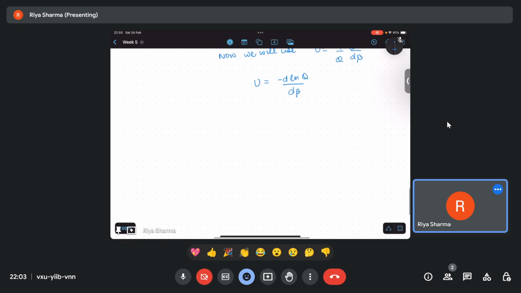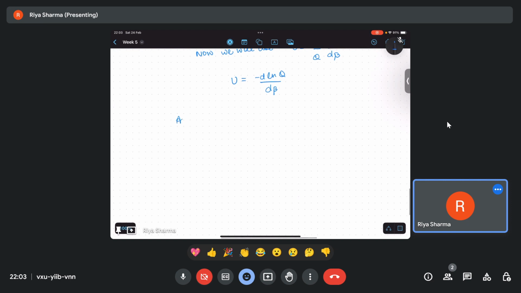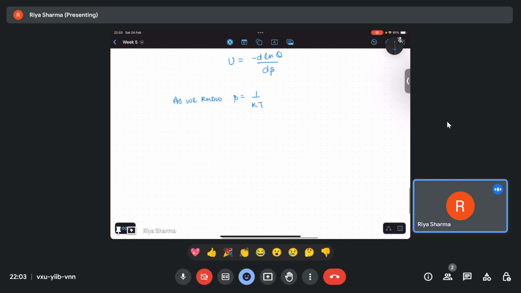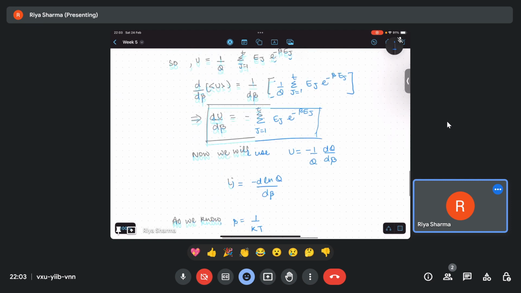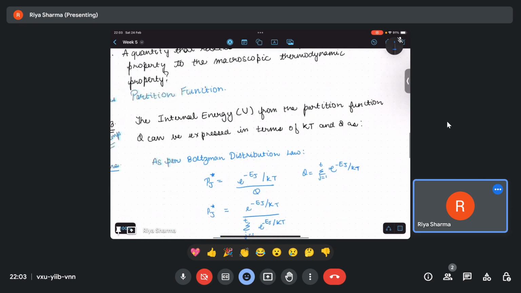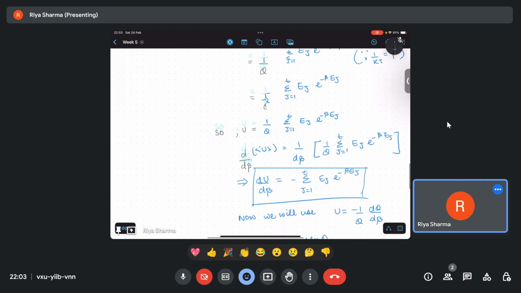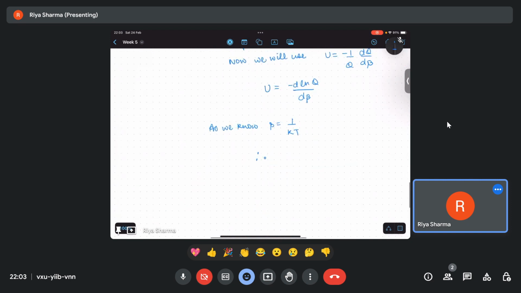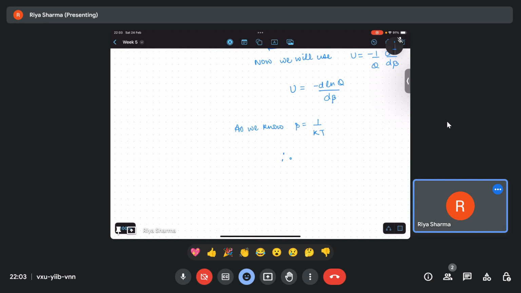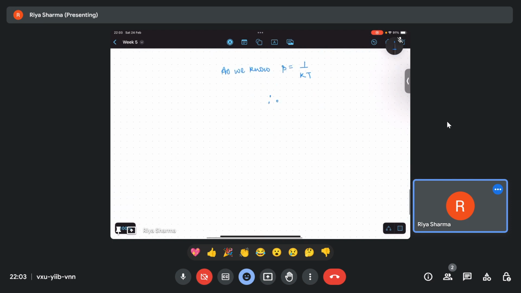Now, as we know, beta is equal to 1 by kT. Are we in line? I guess so, yes. Therefore, d beta by dT is equal to minus 1 by kT squared.